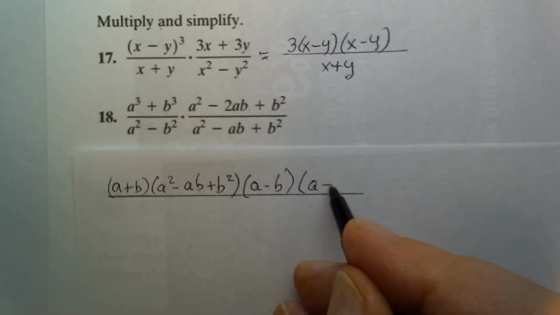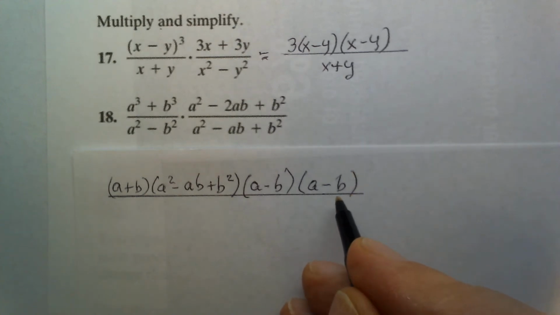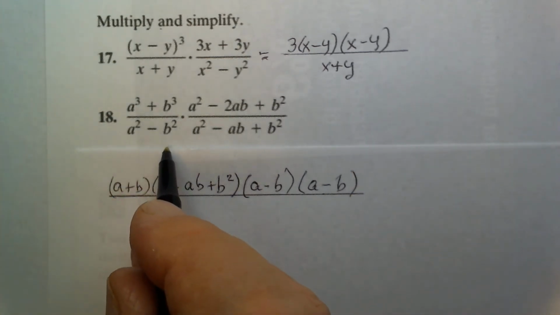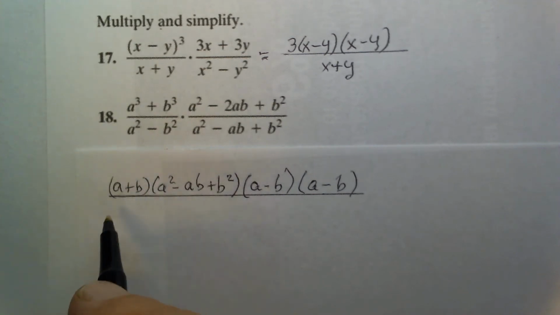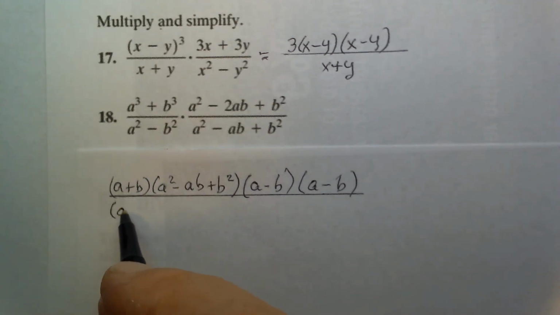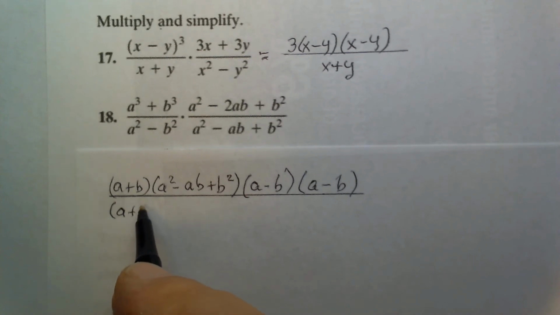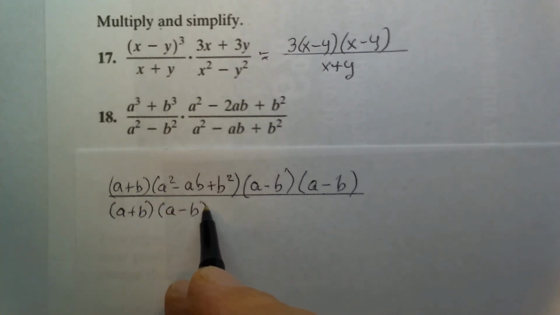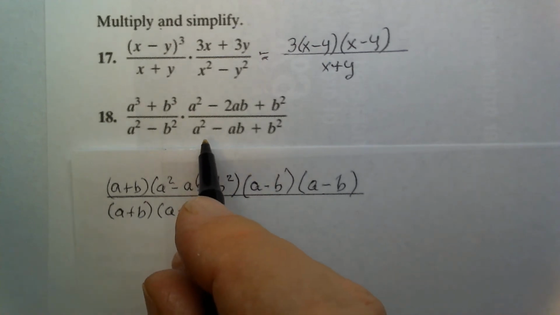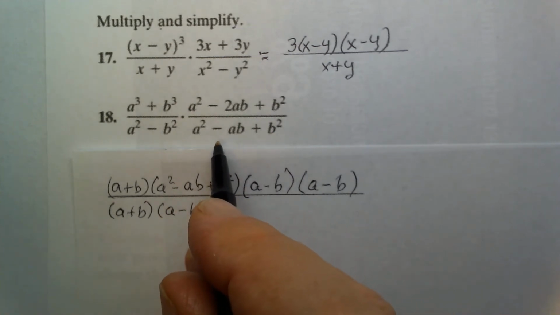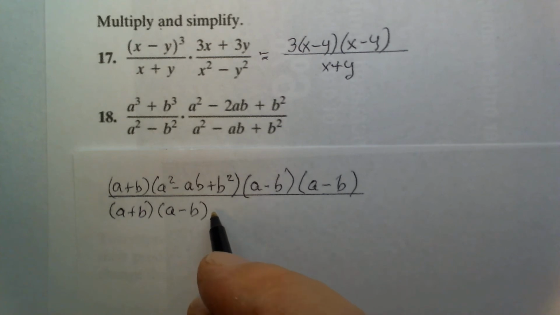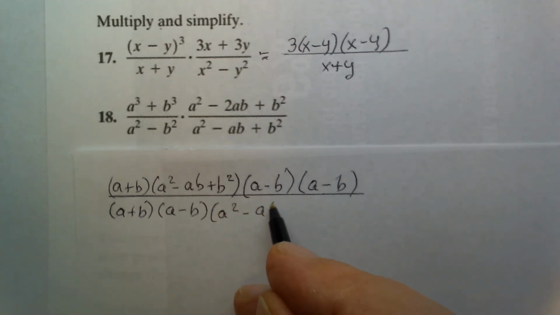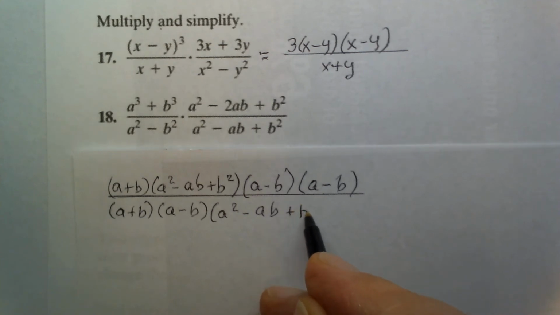And then in the denominator, a squared minus b squared is the difference of two squares, and it would be a plus b times a minus b. And then this term here cannot be factored. That's simply a squared minus ab plus b squared.